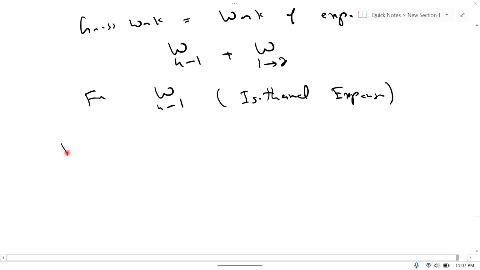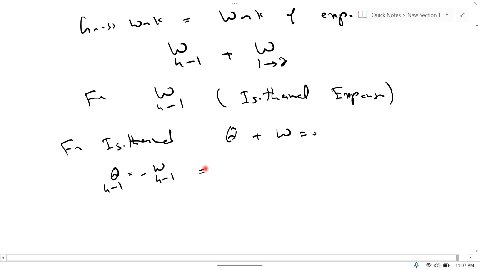So for an isothermal process, Q plus W is equal to 0. It means that Q is equal to minus W. This process is from 4 to 1, so Q from 4 to 1 is equal to minus W, from this equation, which is equal to TDS. Basically Q is equal to TDS.